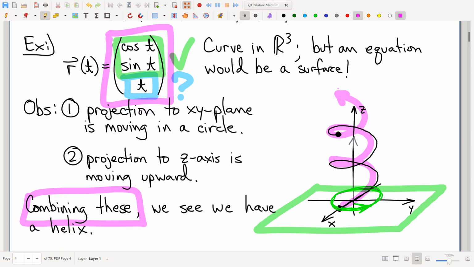It's good to know how equations work, but sometimes equations stink. If I wanted to describe this with an equation, again, it is not easy. It's much easier to describe it with a parameterization. And there are other ways to describe geometric objects, and that's actually going to be a big topic we're going to talk about in Chapter 2. So much more to come on that. It's a great question. You happy with the answer? Yeah, thank you. Anybody else?